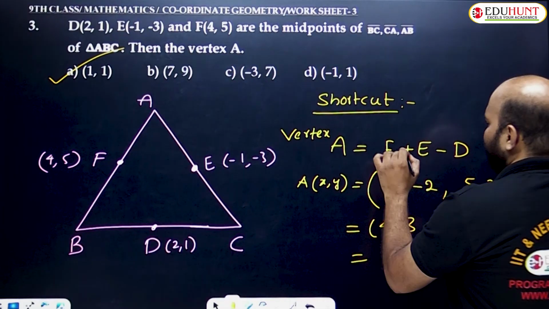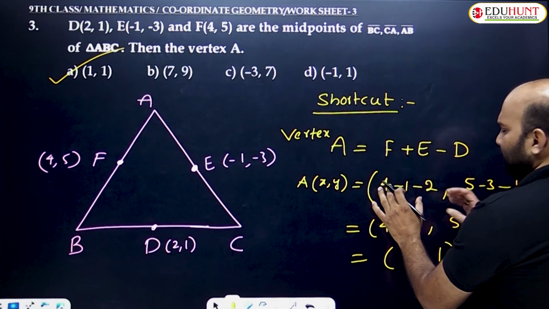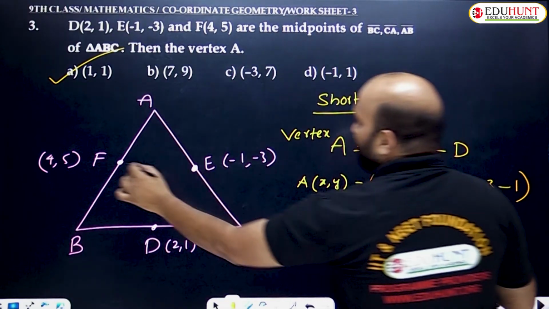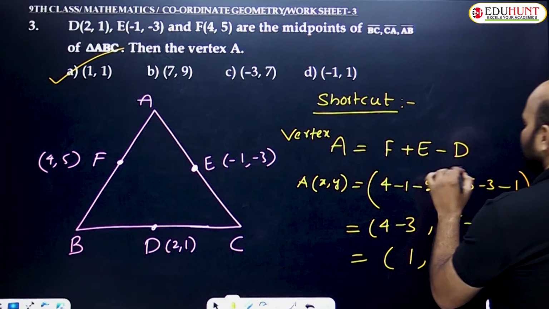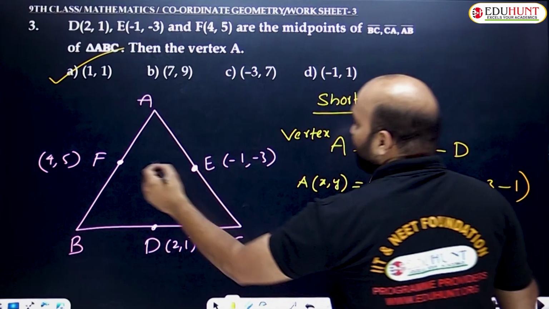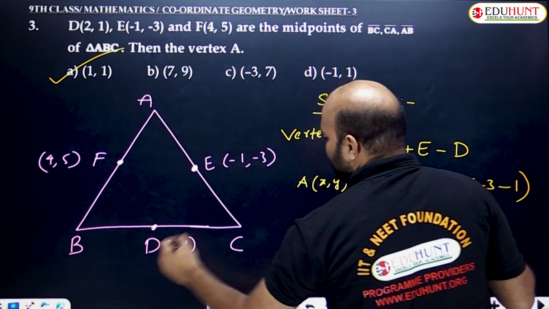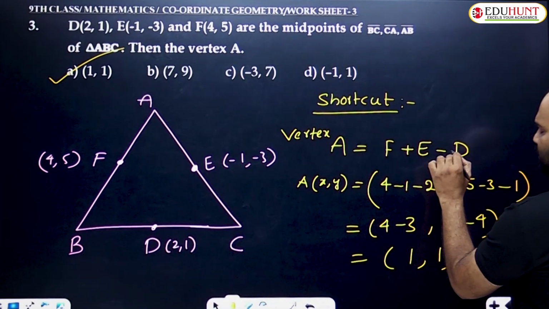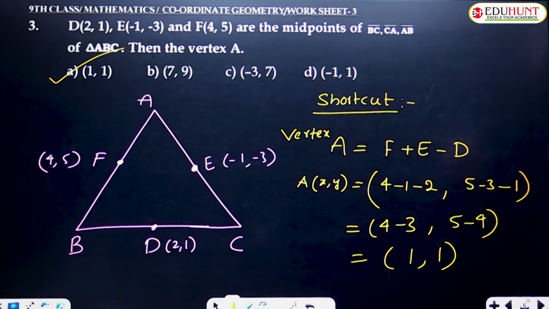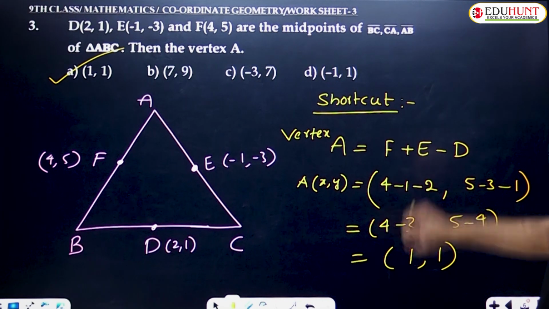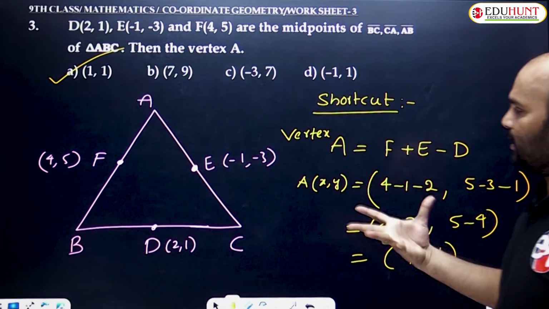So F plus E minus D means we add all X coordinates of F, E and D, and then the Y coordinates of F, E and D, but the last term is minus, so you should follow that order. Am I clear? What is the answer? (1, 1). This is the shortcut idea. So what is the main concept?